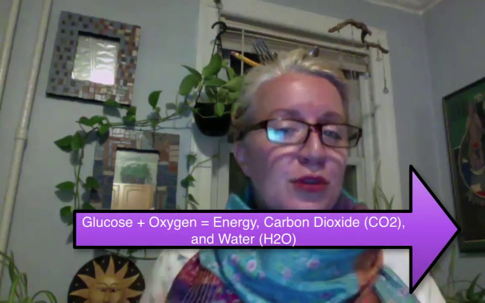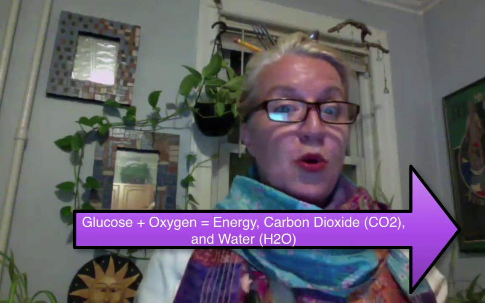The intake of glucose and oxygen produces storable energy, carbon dioxide, and water. Energy is either used immediately to fuel different functions within the organism or stored in consumers' bodies as a compound called ATP, adenosine triphosphate. Say that 5 times fast.